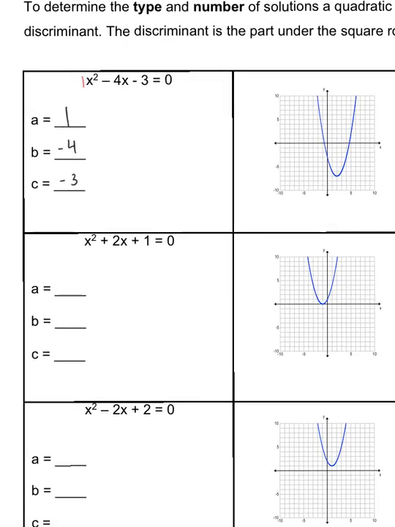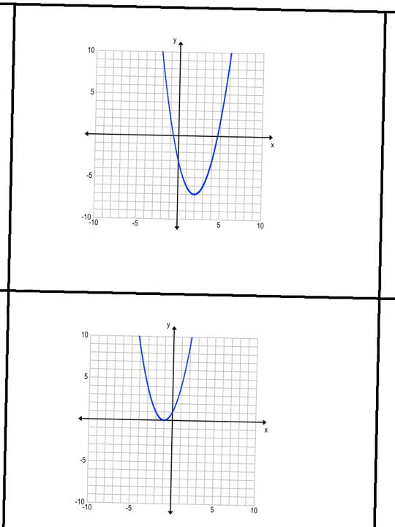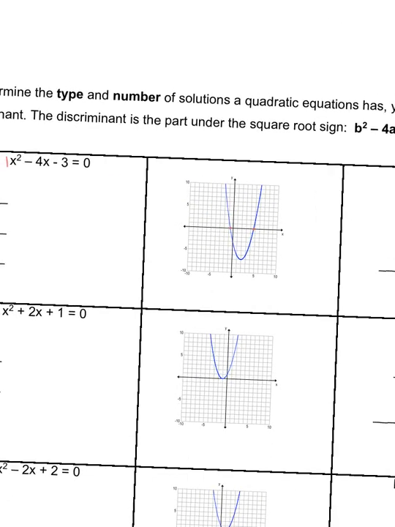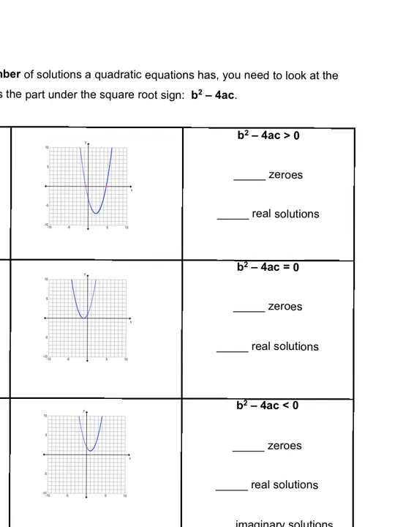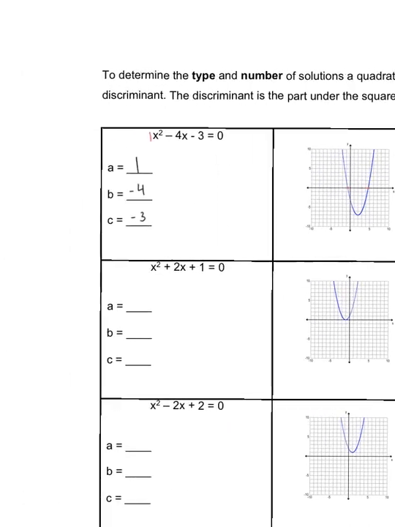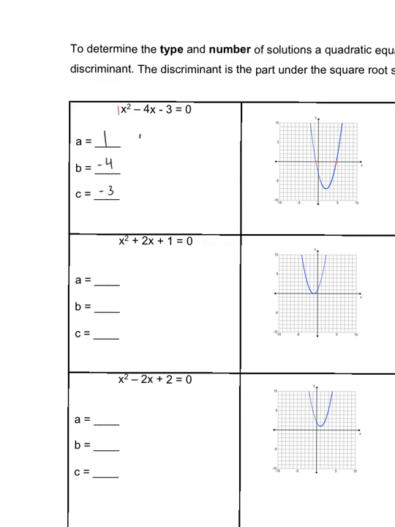If you look at the picture of the graph over here, you have 2 different x-intercepts. So where it says b squared minus 4ac is bigger than 0, that's happening because if I find the discriminant, my b value is negative 4, a is 1, c is negative 3.